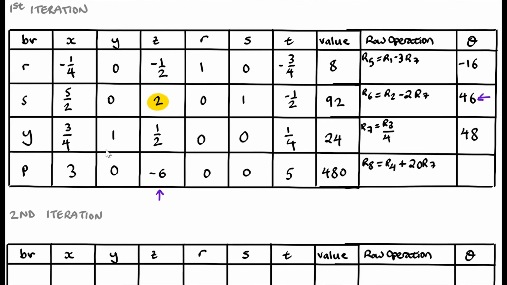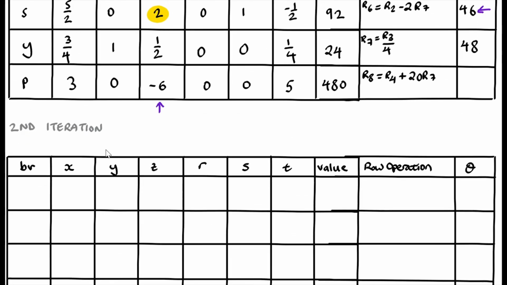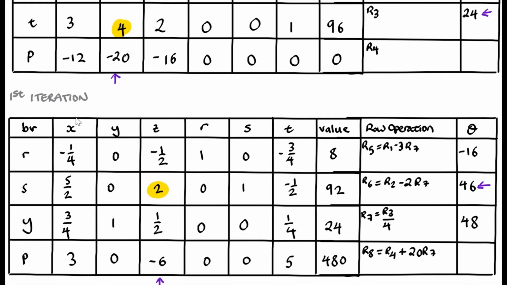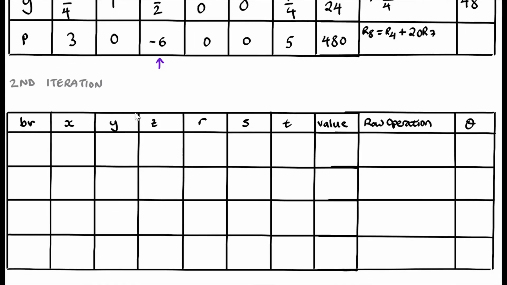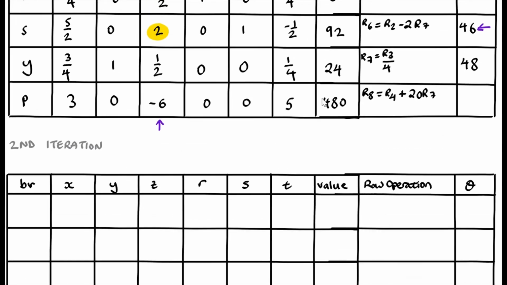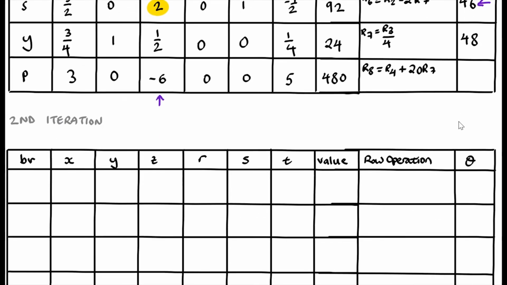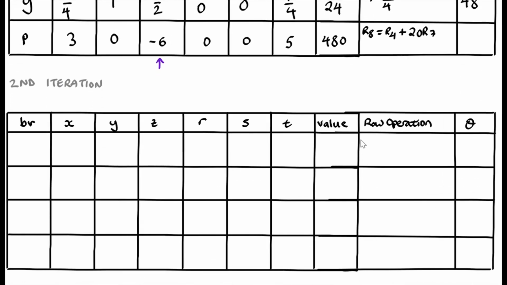So now if we go back over here, I think at this point we can actually finish off our table, and the only reason I'm showing you how to do this is just for extra revision really. But now that we know that the pivot is over here, writing down the rows over here, row 9, row 10, row 11 and row 12, we can quite easily work these out.